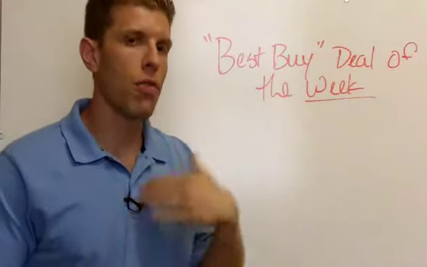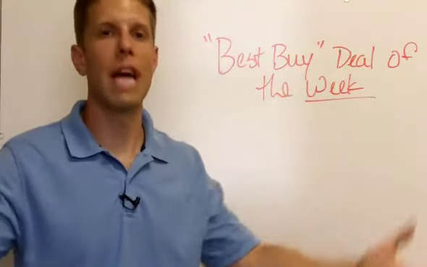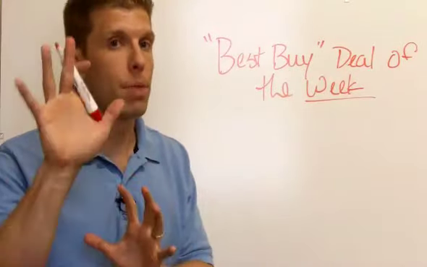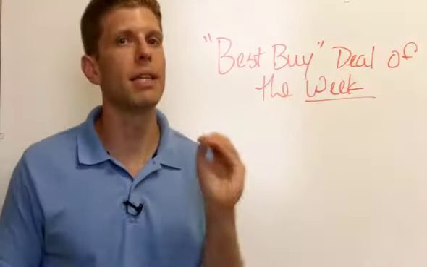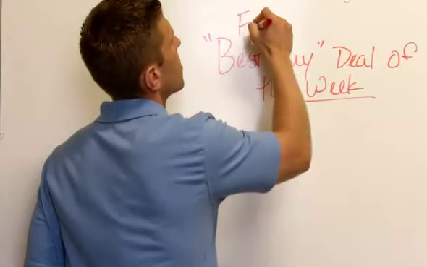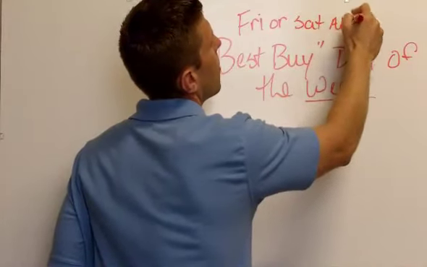Maybe a builder just offered a new incentive package. Maybe they've got closeout specials. Whatever. It's your job, the professional, to find the Best Buy deal and send that out to your list. When would I send this? Friday or Saturday a.m.